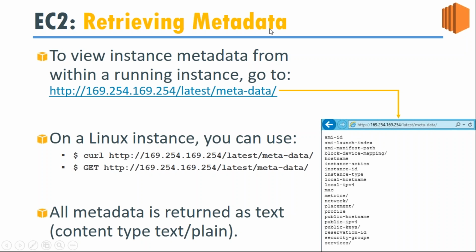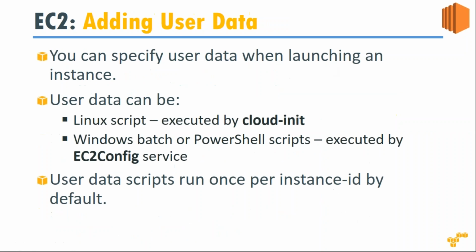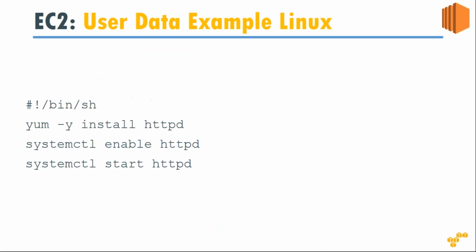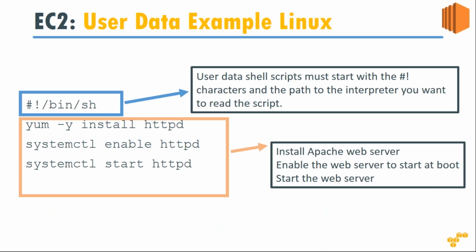Now we talked about retrieving metadata. Let us see how we can retrieve user data. It is very similar to that. This just talks about when you can run it and where you can do things. There will be a user data field in your server where you can type these commands. Every user data has to start with this.